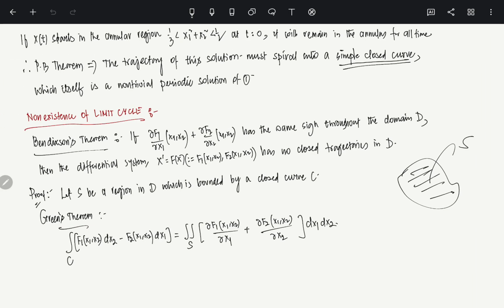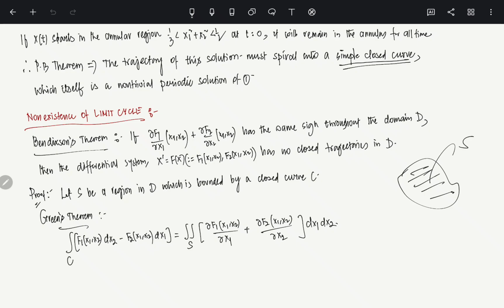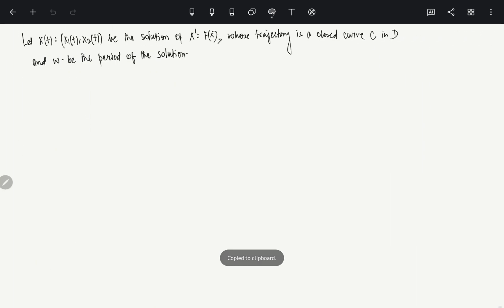From this theorem, what we have is this. Maybe I can copy part of it and paste it.